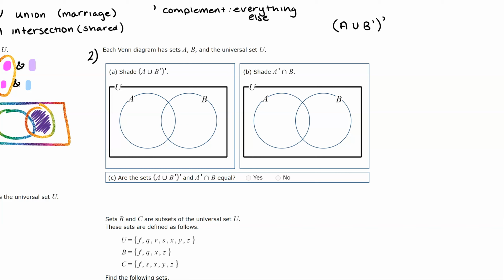Again, let's do this in color. A will be green and blue. B will be blue and also pink. And then the outside will be purple.